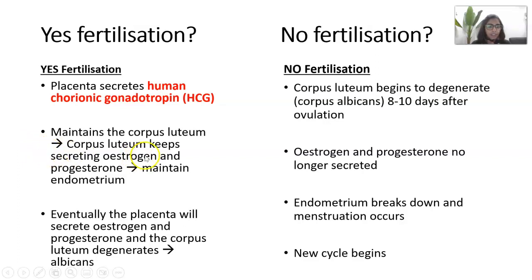Well, the corpus luteum is maintained, so it will continue to secrete estrogen and progesterone, and hence the endometrial lining is maintained. Eventually, the placenta will start to form as the fetus develops, and this will take over the job of secreting estrogen and progesterone, and the corpus luteum will start to degenerate into the corpus albicans. And as mentioned in the previous lesson, that will start to happen by the end of the first trimester.